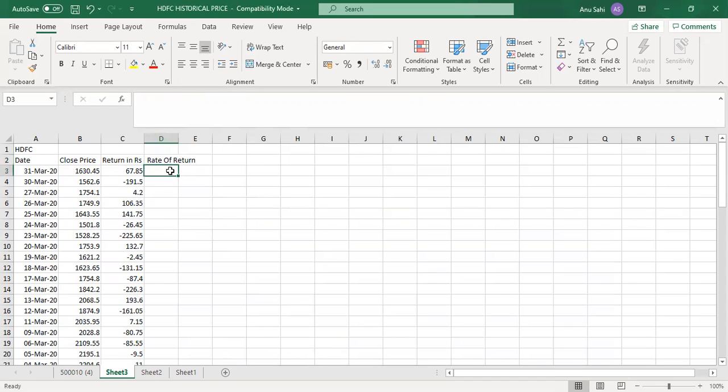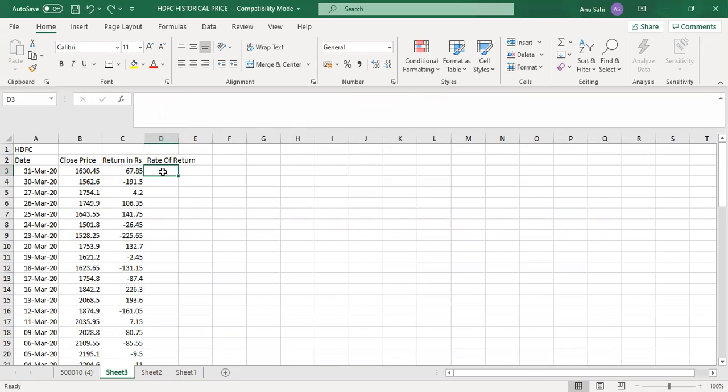There are certain things that you need to memorize. Whenever you have to write the formula like this, put equal to, bracket start, closing price minus opening price, bracket close, divide by opening price. So this is my answer.